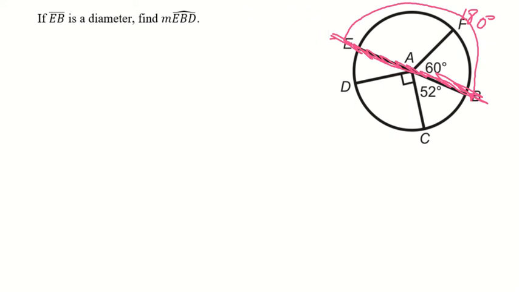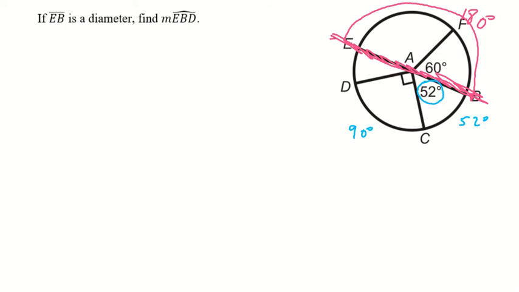And then we have central angle 52 degrees here, which means arc BC is 52 degrees. And angle DAC is 90 degrees, so arc CD is 90 degrees.